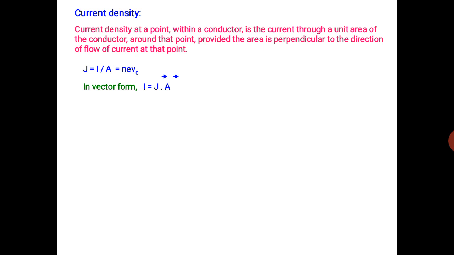Then simply we can write current equal to current density into area, or current density as current by area.